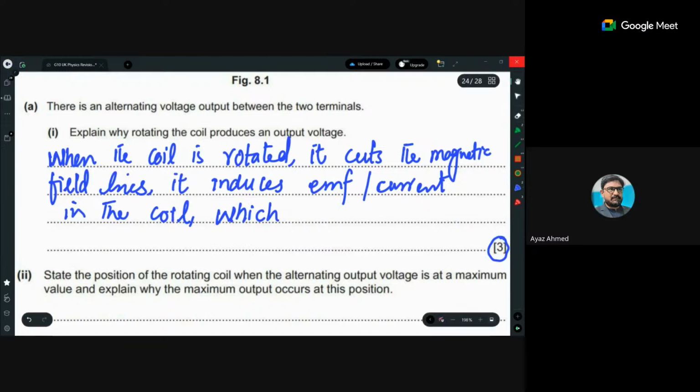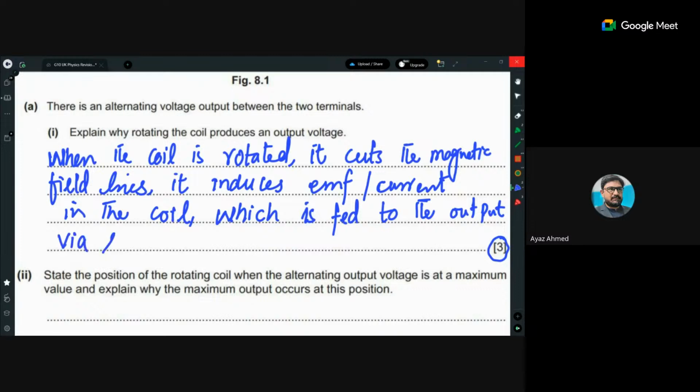I'm going to write one more statement for you, which is: fed to the output via slip rings and carbon brushes.